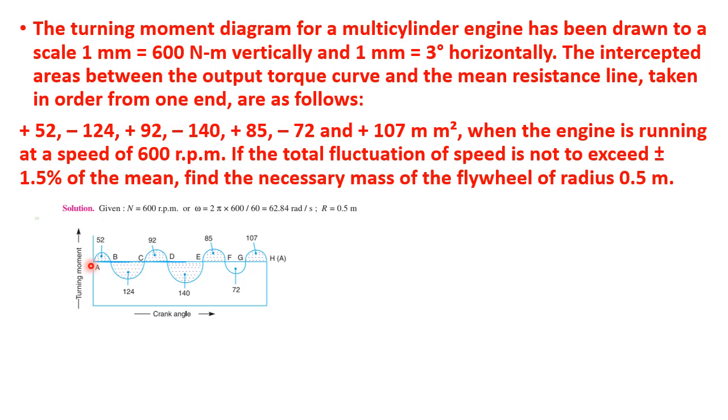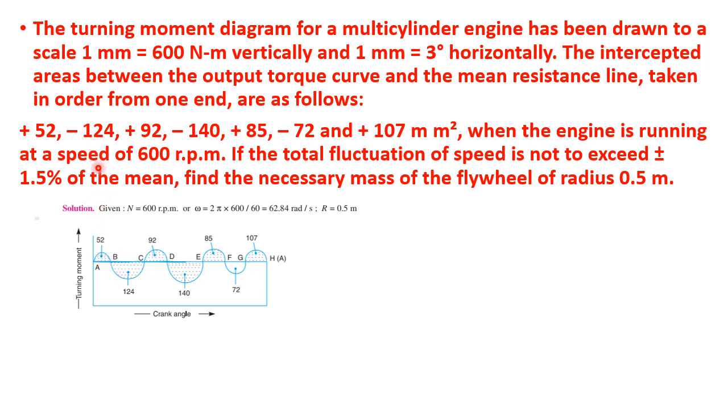Initially I have considered the point here as A, and because plus 52 is given, I have drawn it in the upward direction. This line is the mean torque line, above which is plus and below the line is minus. So plus 52 is drawn above the line, and this point I am naming B.